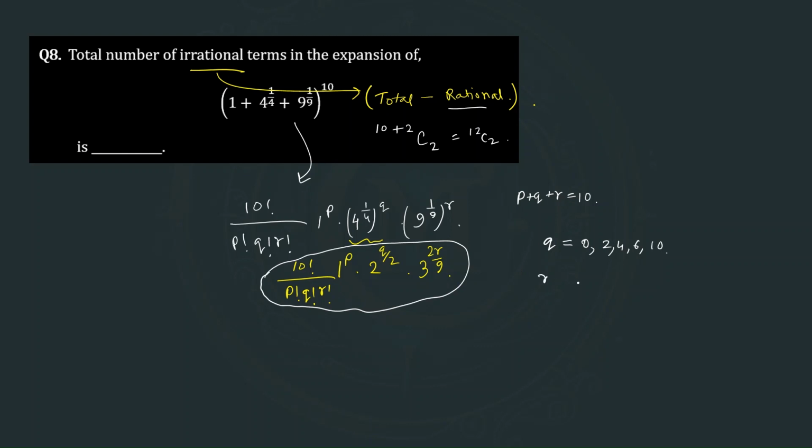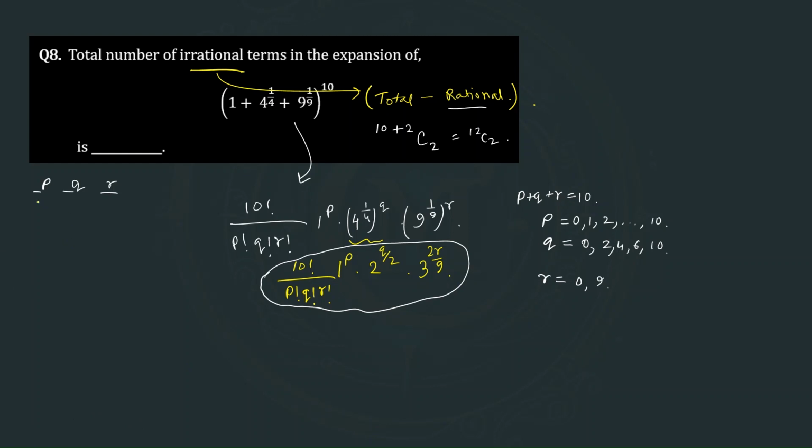Similarly, R can take 0 and 9, these two values, and P can be anything. So 0, 1, 2, so on up to 10. Now we have to consider the different combinations of P, Q and R. So let us make a table here, P, Q, R. So let us try to make the combinations.